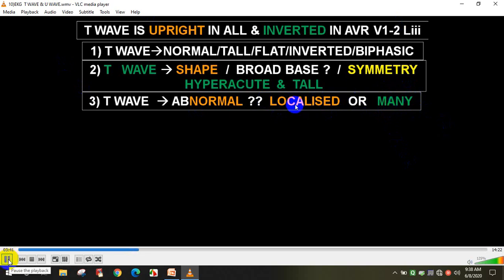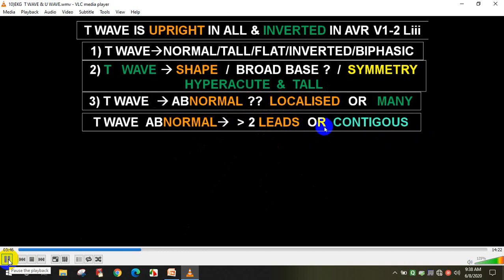And if it is localized, it is in 2 leads or more than 2 leads and in contiguous leads, usually L2, L3, AVF, lead 1, AVL, V5, V6, V1, V2, V3, V4, V5, V6 or V1 to V6.